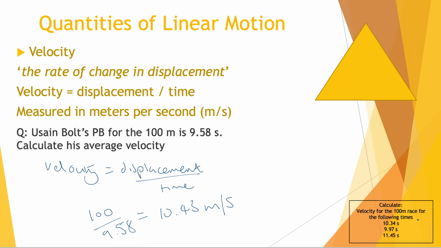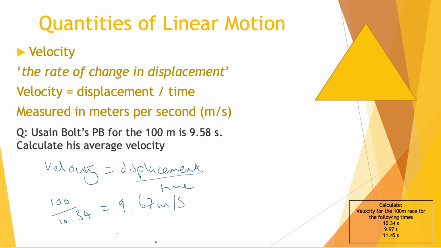On your preview reading then, you needed to calculate the velocities of the following athletes. Okay, so we'll do that together now. So velocity is displacement over time. The first one is 100 over 10.34, which gave you 9.67 meters per second.